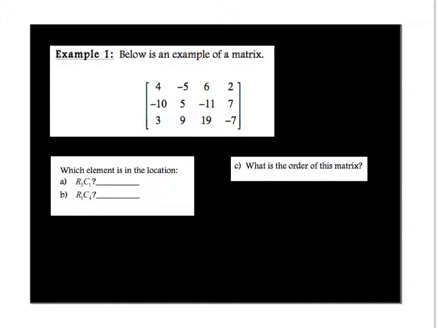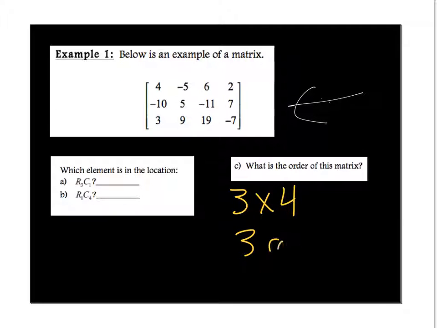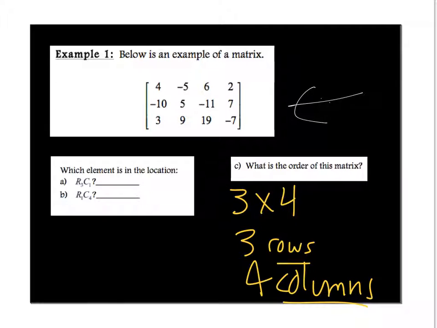Okay, and we're looking here. This would be a matrix right here. All right, and so what we're looking at is this. This would be considered a 3 by 4 matrix, 3 rows, 4 columns. So rows first, columns second.